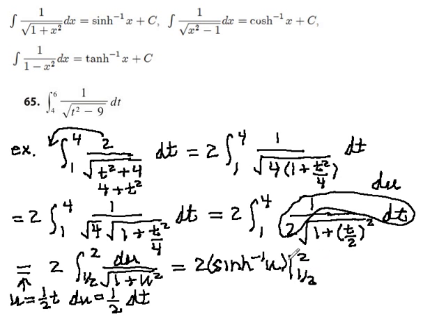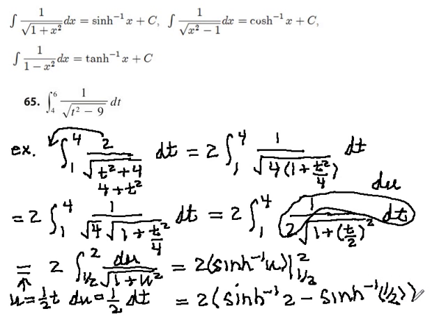So plug in the 2, plug in the 1/2, and subtract. So this is going to be 2 out in front, inverse sinh of 2 minus inverse sinh of 1/2. And we got it. That is a numerical answer.